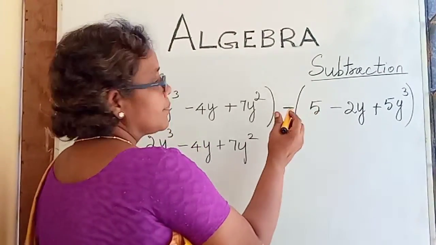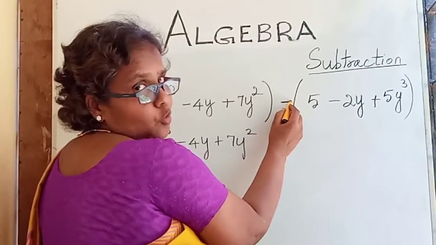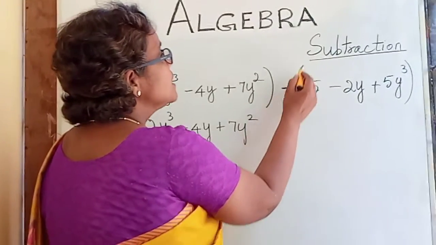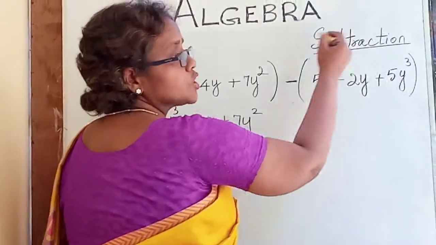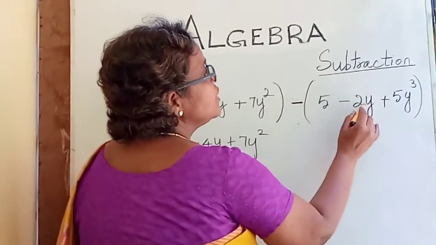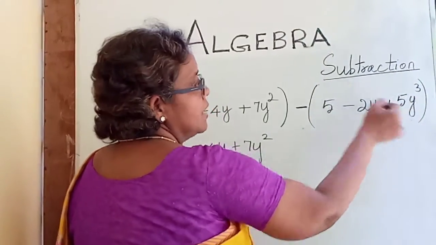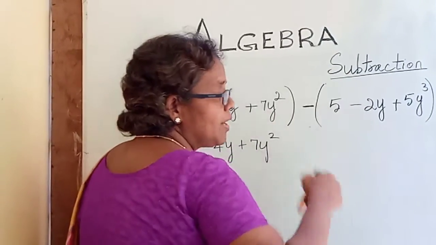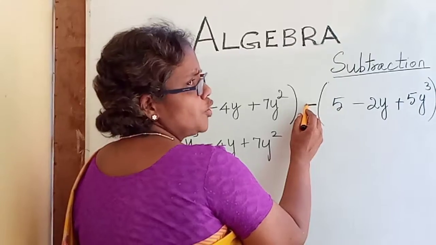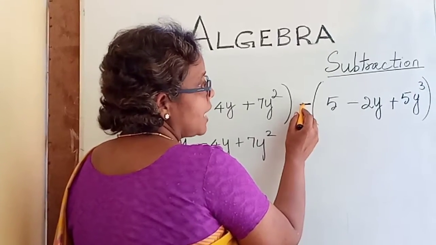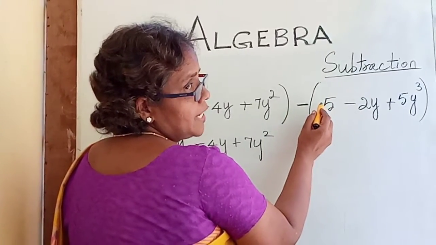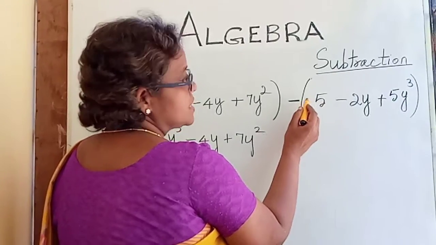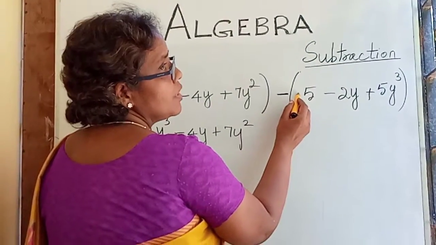Just look at this. A minus is present outside, and this minus is common to all the terms present inside the parenthesis. Now what I am going to do is multiply this minus with the sign of the term that is present inside. What is the sign of 5?